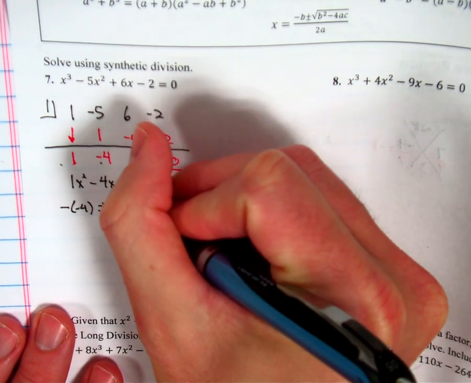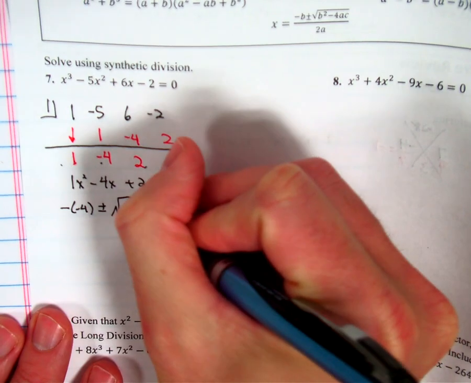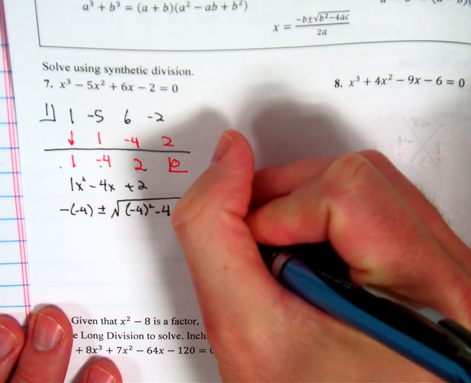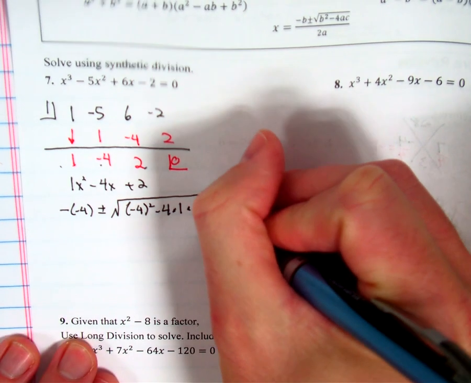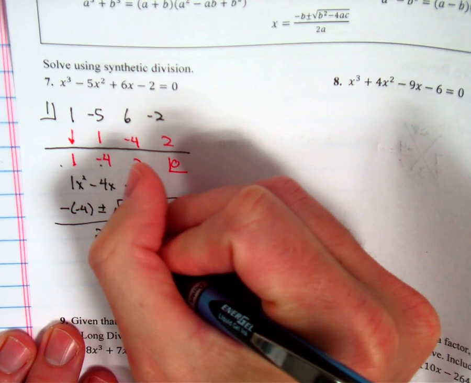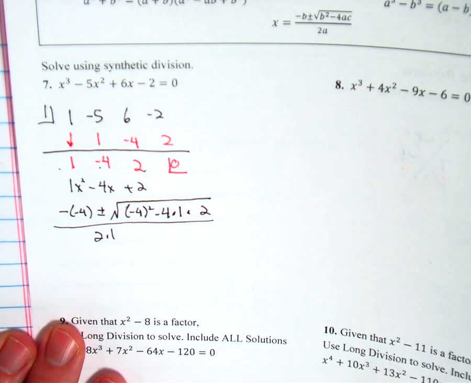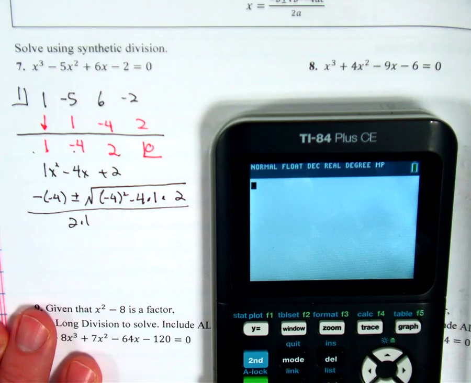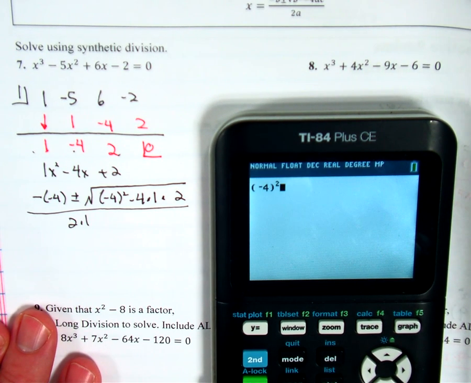plus or minus square root negative 4 squared minus 4 times 1 times 2 all over 2a, 2 times 1. Okay, again, I recommend simplifying inside the square root. And again, we're going to need parentheses around a negative number squared.